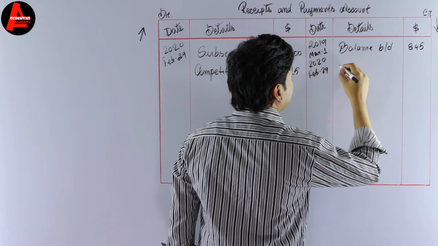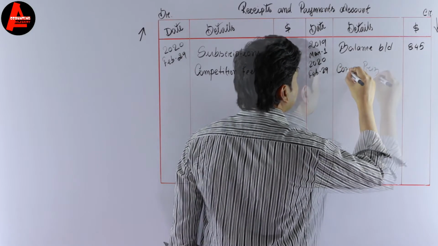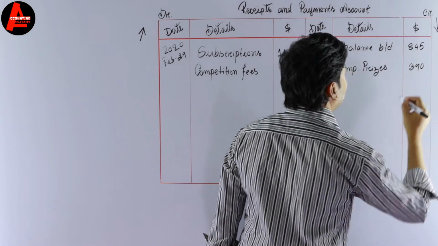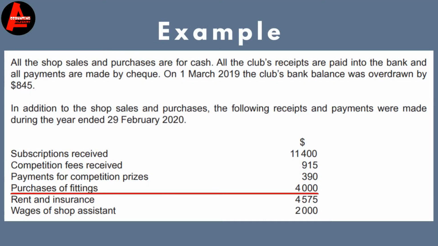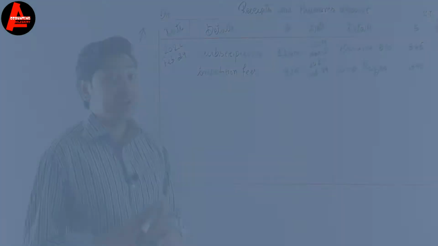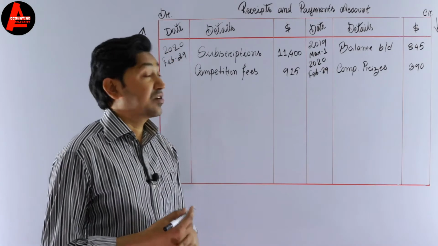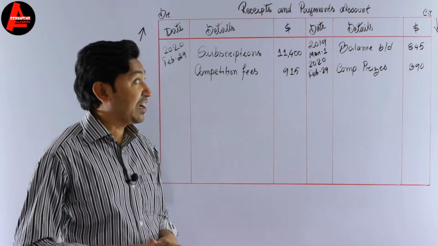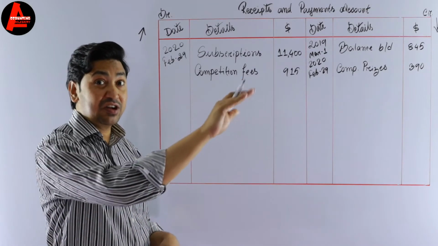We will write here competition prizes, $390. Okay, good. The next item is purchase of fittings $4,000. When the club purchases something, the club has to pay money. In this case, the balance in the bank will be decreased, so it will be recorded on the credit side.